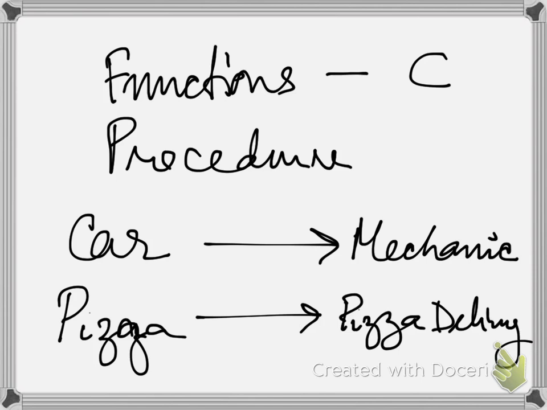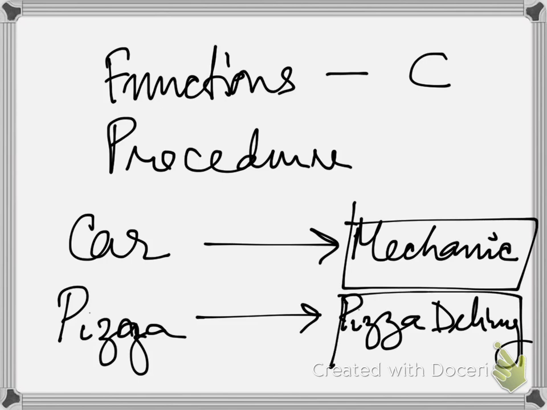The things which I can do, I will do myself. But for the things I cannot do, I will outsource the task to somebody else: the mechanic in case of the car repair, and the pizza delivery boy for delivering the pizza. You can think of a method as something like this. The task of repairing the car, I cannot do, so I call the mechanic.